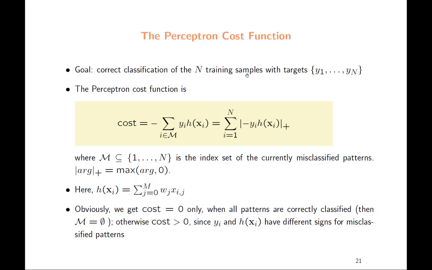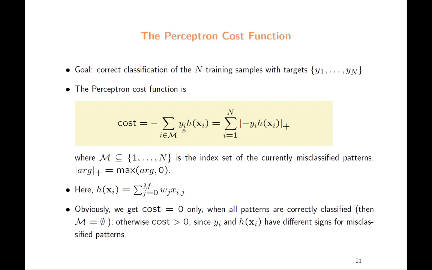So the goal is correct classification on the training samples with targets y1 to yn, and the perceptron cost function assumes this form. It's a negative of a sum over all currently misclassified patterns. With a certain parameter vector w, some training patterns will be correctly classified already, and we don't care about them. We only care about those which are incorrectly classified.